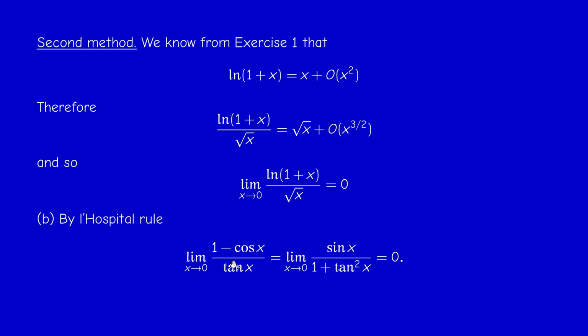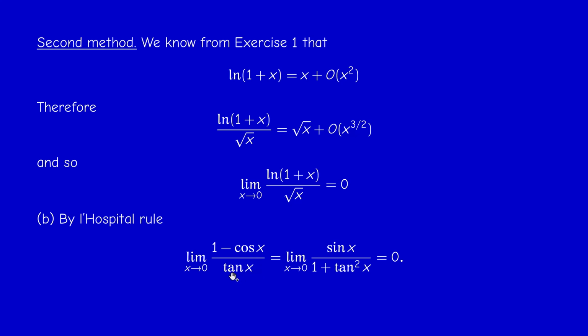Now here, we can use, of course, the Taylor expansions, but it involves more computation because we have to find the Taylor approximation of tangent. It's doable actually, and when you do it, you get a more precise result. You try to do it.